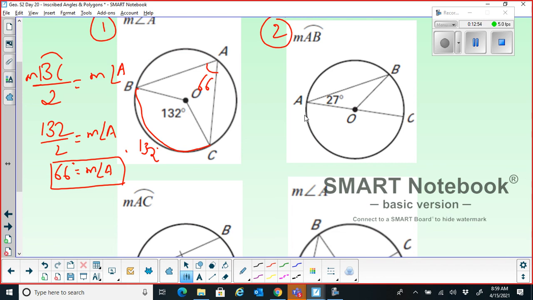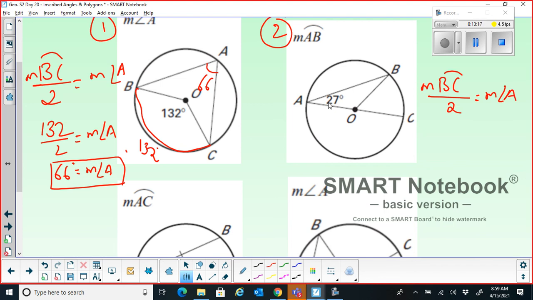If this is 27 degrees, you know that the arc BC is going to be twice of this, because measure of arc BC divided by 2 will be equal to measure of angle A from the previous theorem.